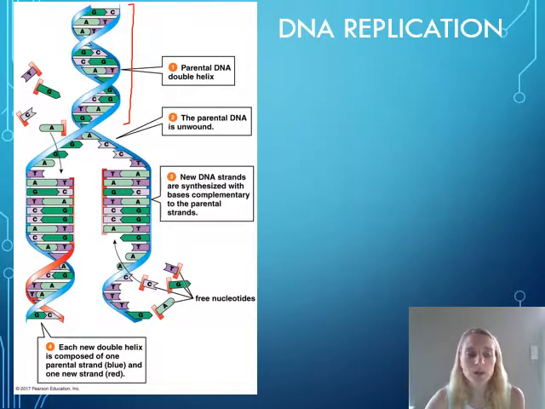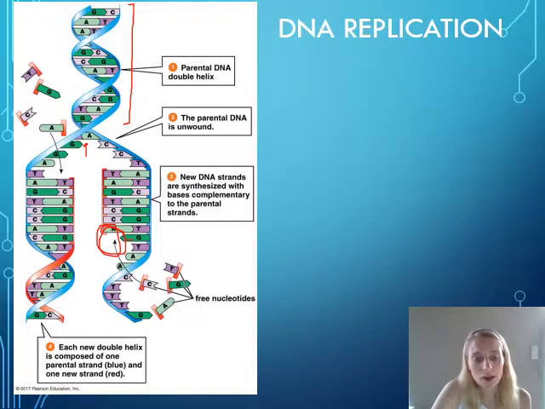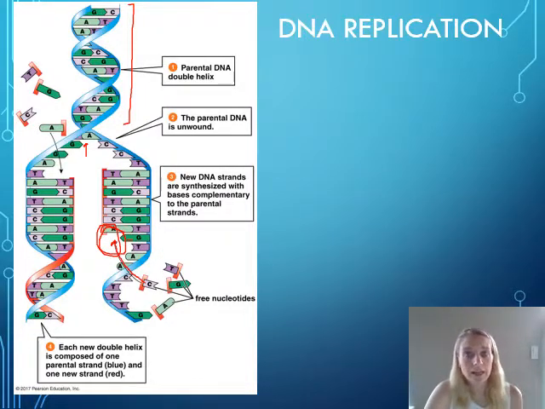So there's an enzyme that comes along that splits the DNA in half. There's an enzyme that comes along and reads. So if this is my big blobby enzyme, it's going to read this G and say, if it's G in the original strand, what is it going to be in the complementary strand? So it's going to add this C in there because it's reading the parent strand. So that's stage 3.